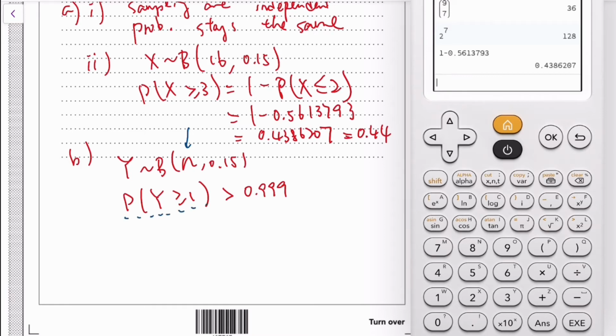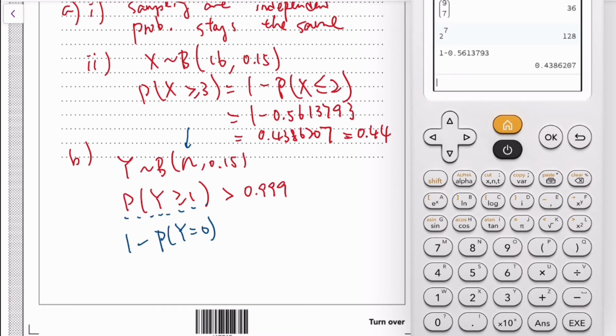Okay, what is the probability of y bigger than or equal to 1? That's 1 minus the probability that y is 0, because bigger than or equal to 1 would include 1, 2, 3, 4, all the way up to n. So the only value of y you're missing is 0.